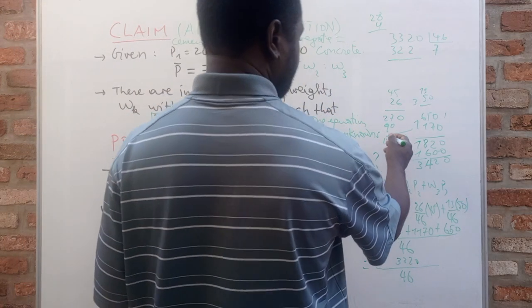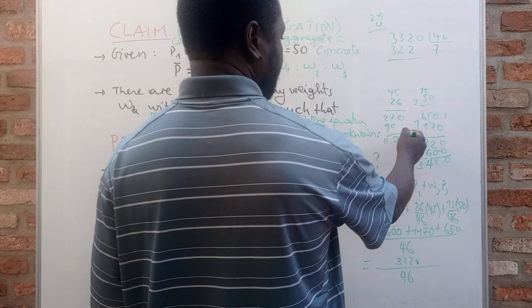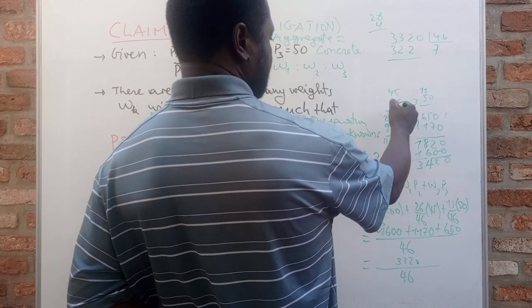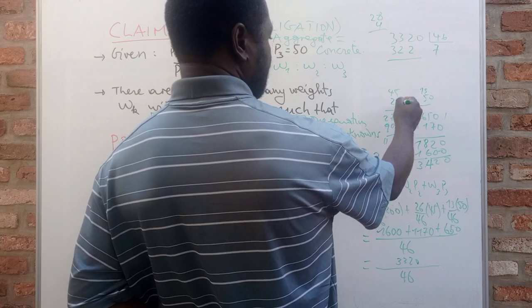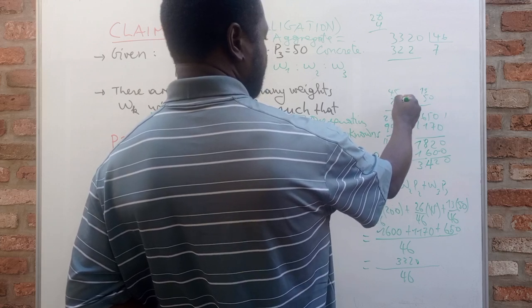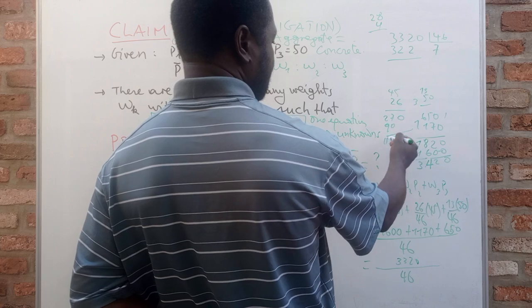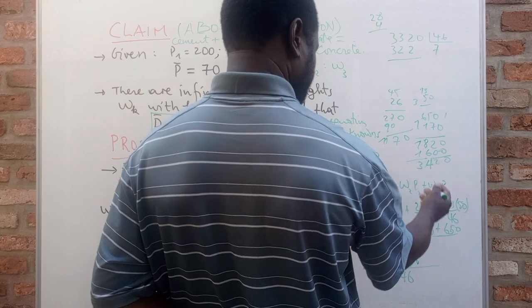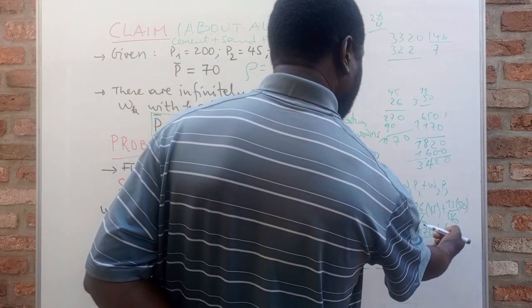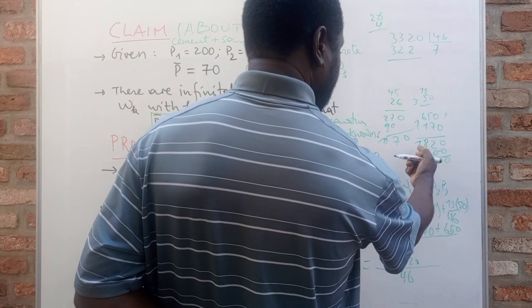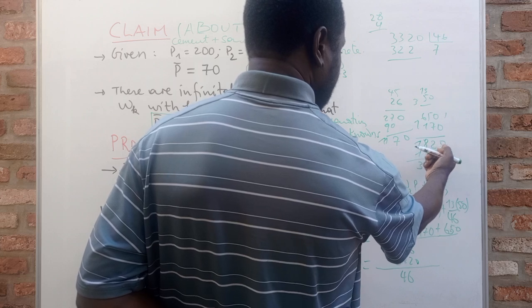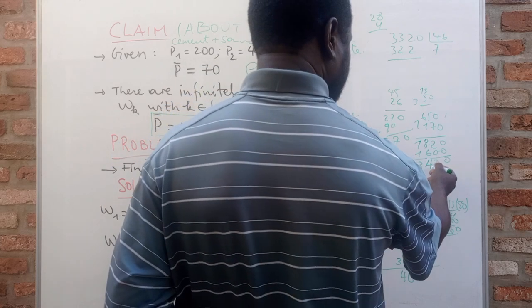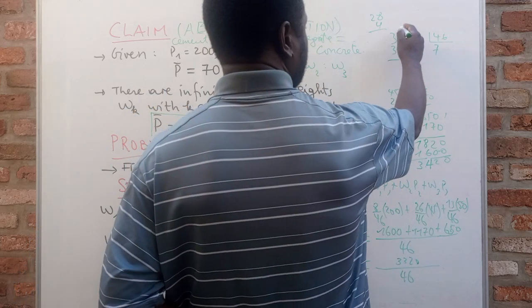So I have to check on this one. 2 times it is 90, 24 plus 3 is 27. I think this is correct. 1170 here, so I have to add this, and I get 1820. So I think this is correct.